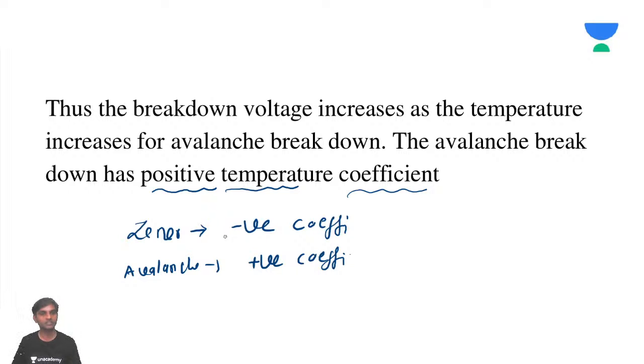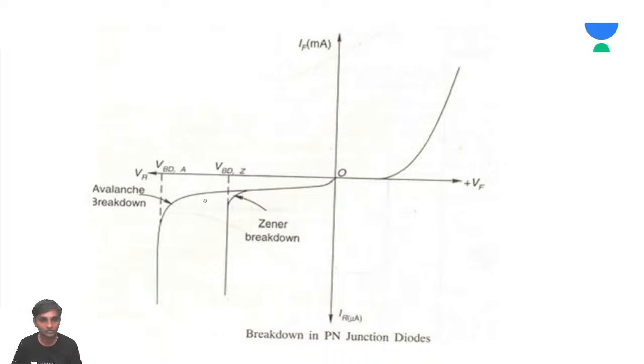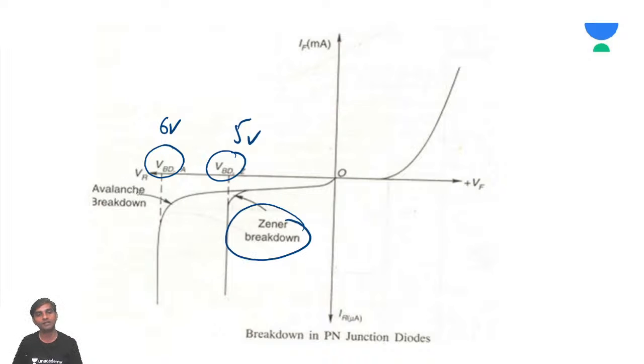Now you can see here, if this voltage is 6 volts, and this is 5 volts, then below 5 volts Zener breakdown will happen, and above 6 volts avalanche breakdown will happen.